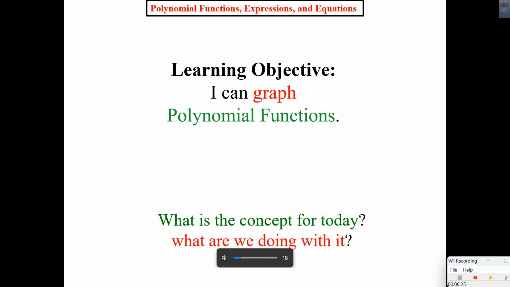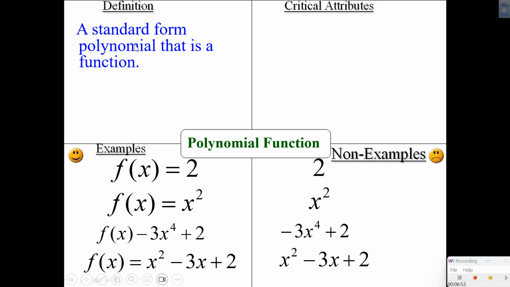So tell your neighbor a definition for polynomial functions. Yeah, standard form, polynomial, and function form. That is correct. There it is. This is what they look like. This is what they don't. We got those notes, yes?